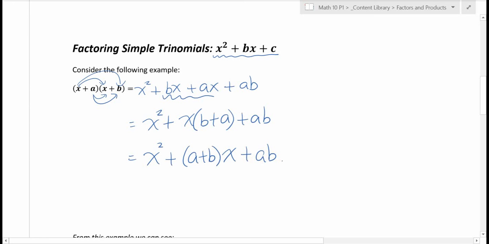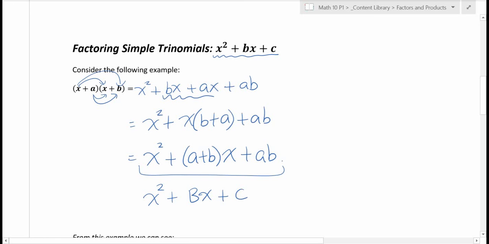Now, if we compare this with that, let me rewrite this down here as x squared plus capital B x plus c.